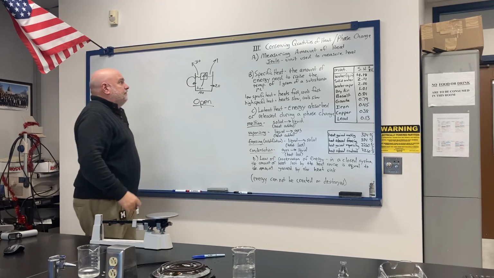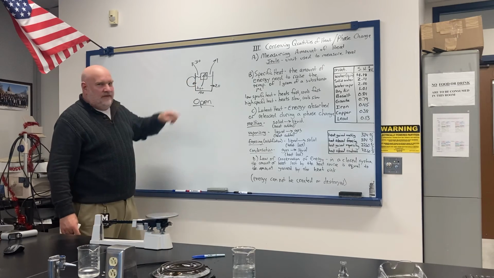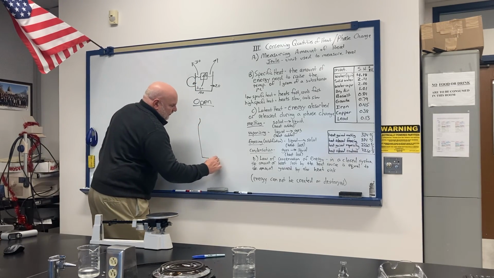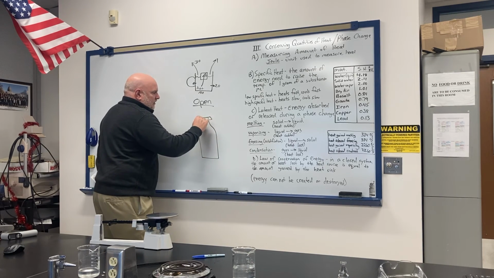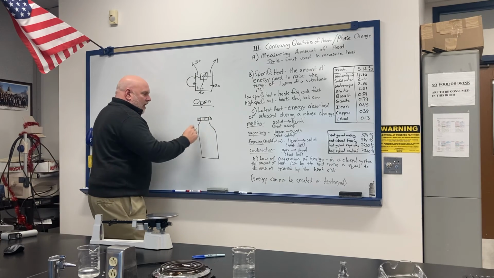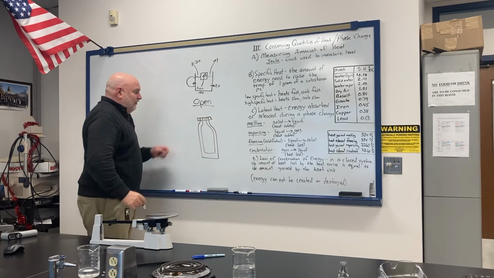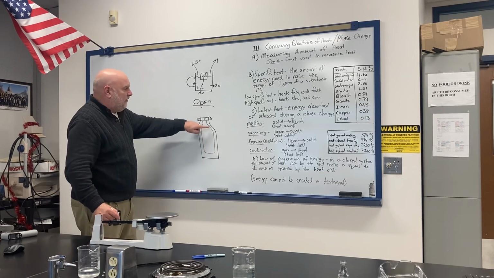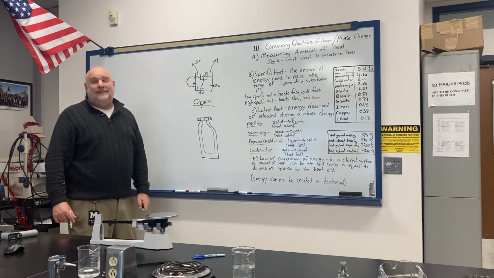Now, similar scenario, but instead of having a coffee mug, let's say I have one of these really super expensive thermoses by Yeti. A lot of these really expensive thermoses have double layers, and what they have between the layers is a vacuum. So there's going to be a section there where there's nothing. They suck all the air out of it, and that makes it an extremely good insulator.